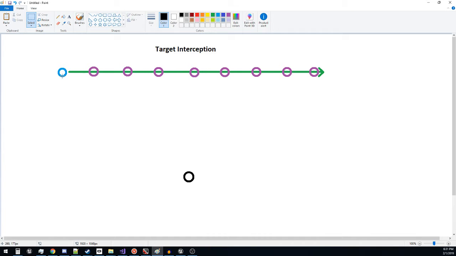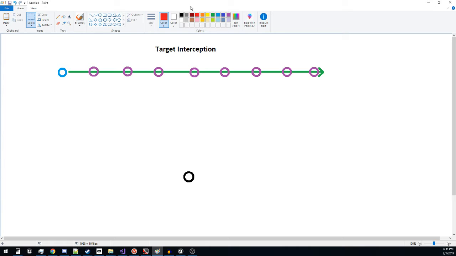The airplane position is represented by this blue circle, and its future positions in 1 second increments would be indicated by these purple circles. So at time t0, the plane is here. Time t1, it's here. Time t2, it's there. t3, t4, 5, 6, 7, etc.